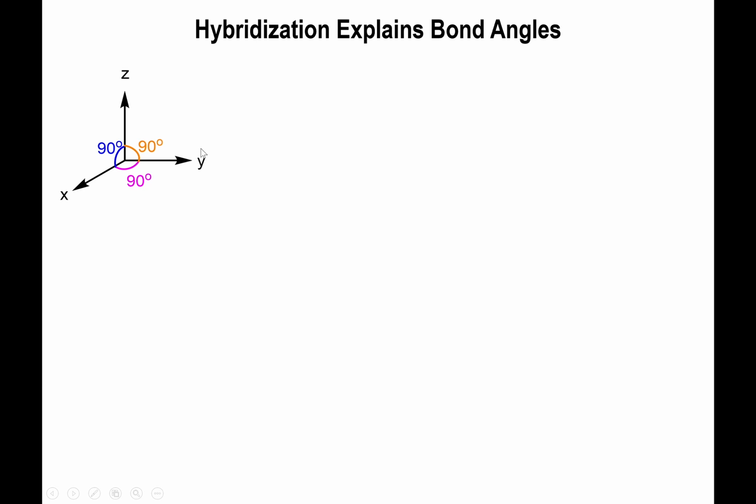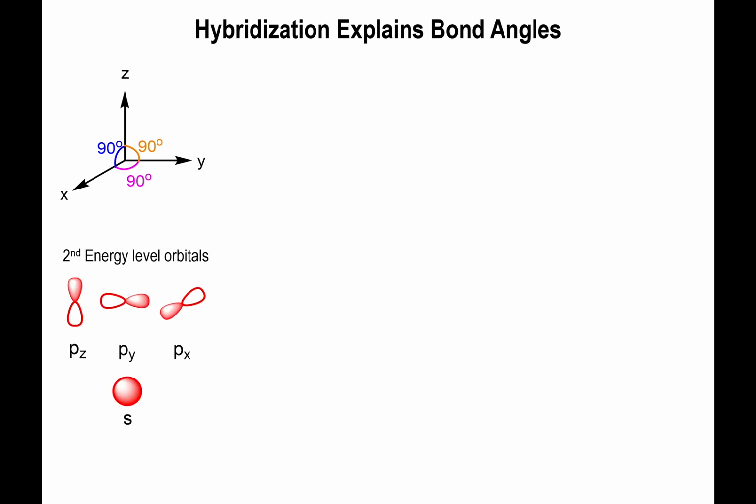Any particular bond that you may have can be related to the X, Y, and Z directions. If we focus on the s and p orbitals of a second energy level atom, like anyone in the second row, we have those directions, whether on the Z direction, the Y direction, or the X direction.